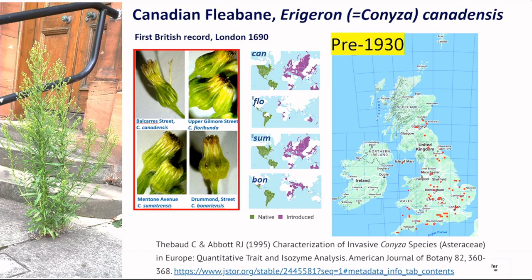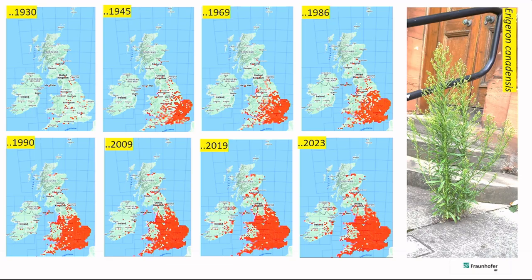Okay, so that was how it was, and then looking at how it became, you can see it rapidly colonized the southeast, and I've seen it many times when I've been down to visit my relatives in North Buckinghamshire, and you find it around Milton Keynes a lot.